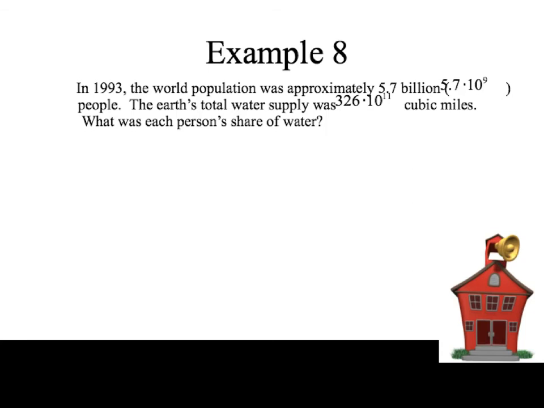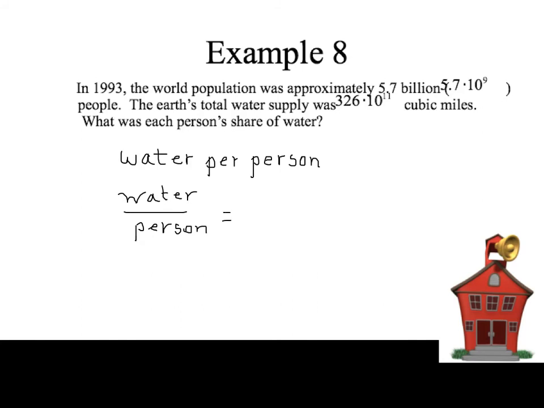So how much water goes per person? So we're basically looking for water per person. And the word per implies division. So we basically need to take the amount of water and divide by the number of people and apply our rules for exponents.